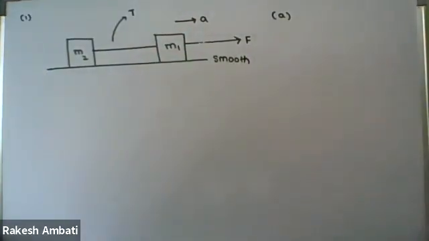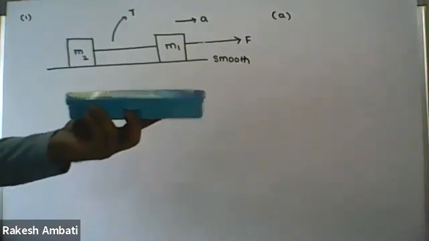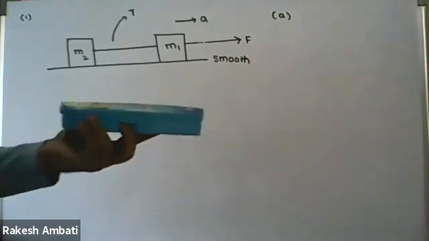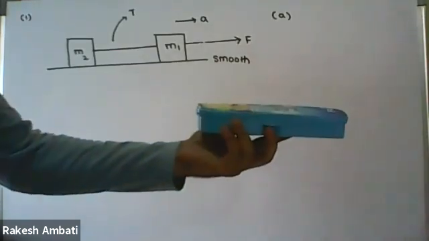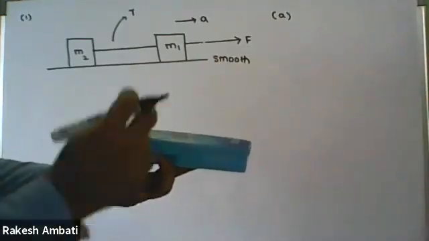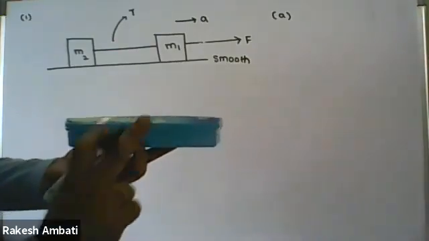For example, if we have an object moving with velocity V, that means any point of the object is moving with the same magnitude of velocity. Same.